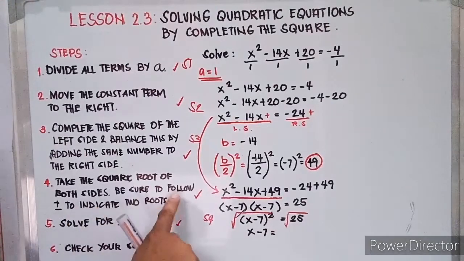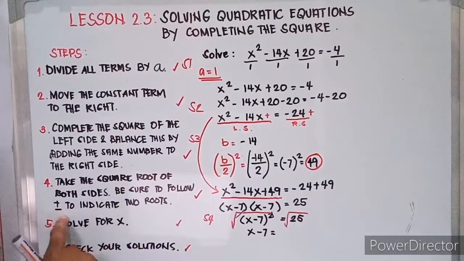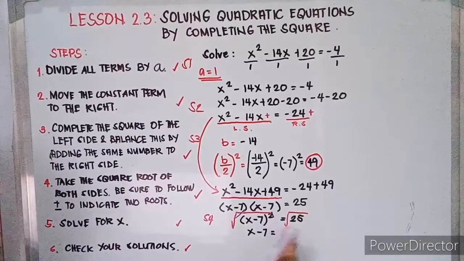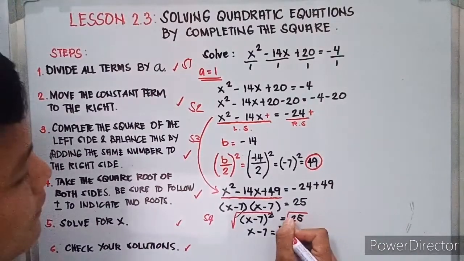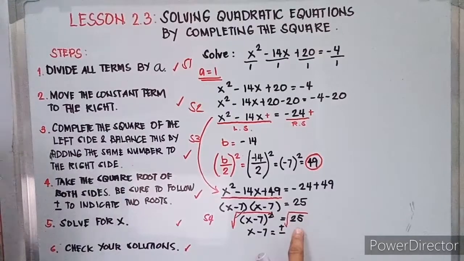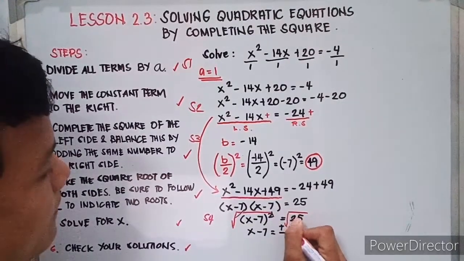It says here, be sure to follow the positive negative to indicate the two roots. So if you are going to get the square root of the constant, we put positive and negative. What is the square root of 25? That is positive or negative 5.